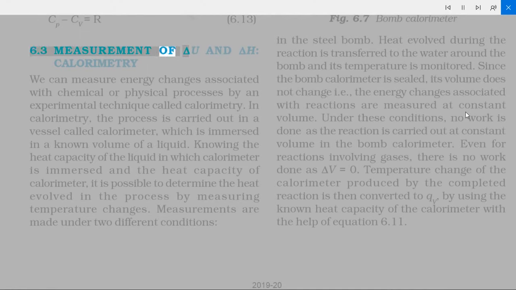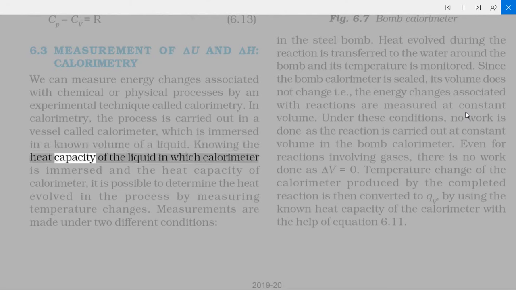6.3 Measurement of ΔU and ΔH: Calorimetry. We can measure energy changes associated with chemical or physical processes by an experimental technique called calorimetry. In calorimetry, the process is carried out in a vessel called a calorimeter, which is immersed in a known volume of a liquid.